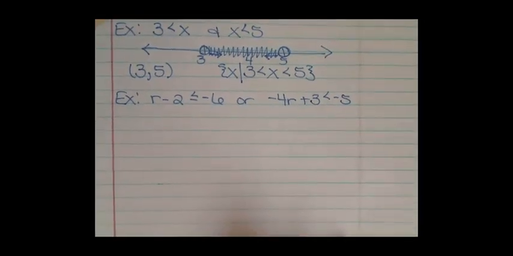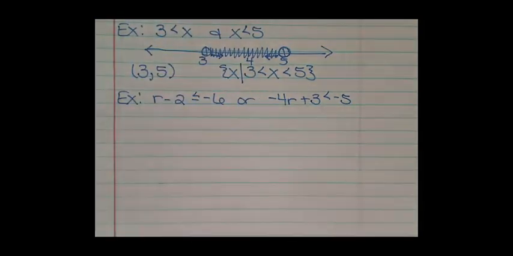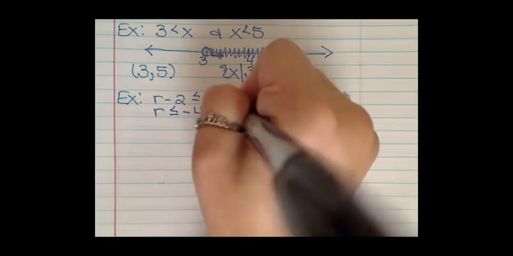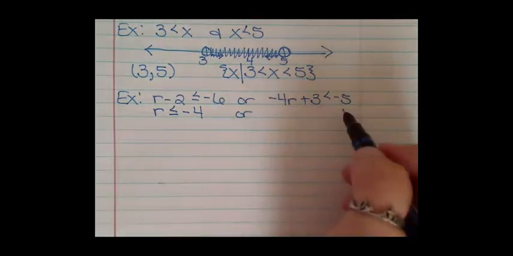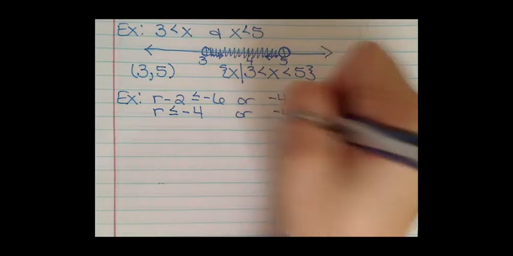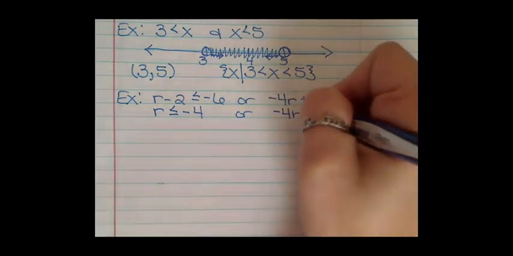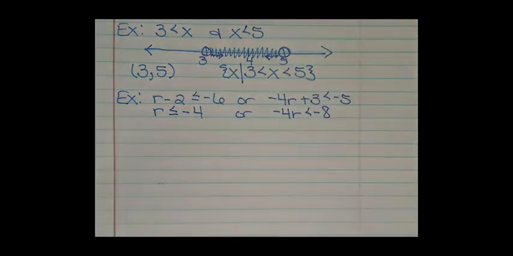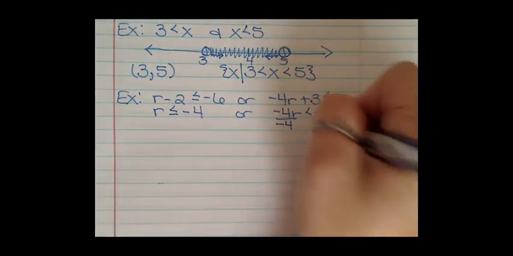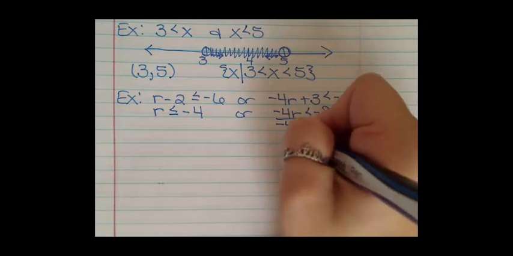So I'm going to subtract 3 over. That'll give me negative 4r is less than negative 8. I need to divide both sides by negative 4. I divided by a negative, so I have to flip my sign, and that'll give me a positive 2. So I have r is less than or equal to negative 4, or r is greater than 2. So let's go ahead and graph this so we can kind of see what this is talking about.